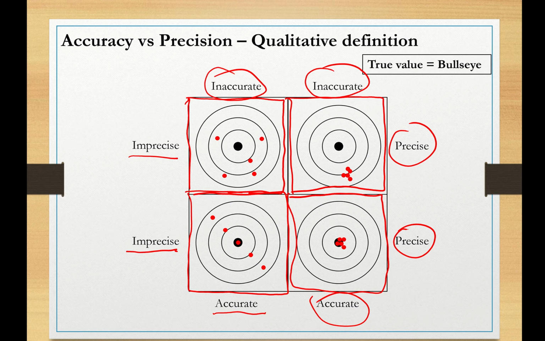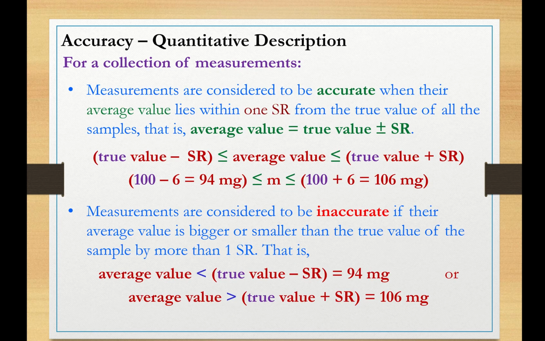Okay, so this is very useful, but as a pharmaceutical scientist or as a pharmacist, you need a quantitative definition of accuracy and precision in order to use these definitions and classify your samples or formulations or measurements as acceptable or not with respect to the drug dose. So let's proceed to the quantitative definition of accuracy for a collection of measurements.